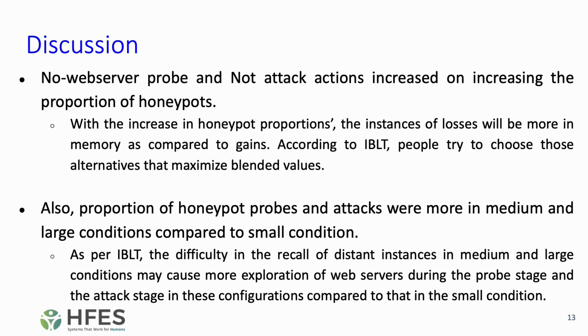Hence, due to more exploration, the adversary chooses randomly. People randomly try to attack or probe, which results in more honeypot web server probes and attacks. And since there was an increase in the honeypot proportion, there was an increase in the proportion of honeypot web server probes and attacks.